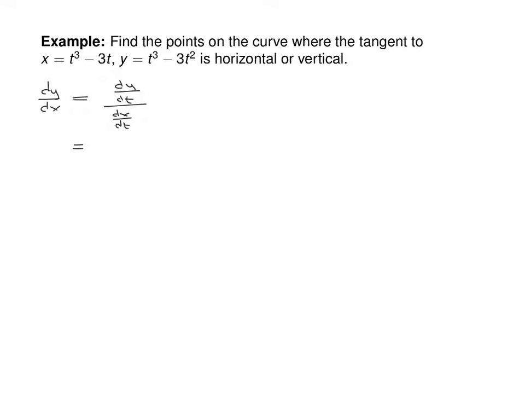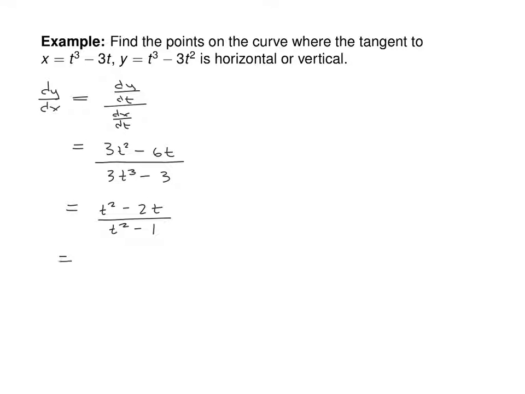So dy/dt is 3t squared minus 6t, and dx/dt is 3t cubed minus 3. Let's just simplify that slightly by dividing everybody by 3, and that's t squared minus 2t over t squared minus 1.